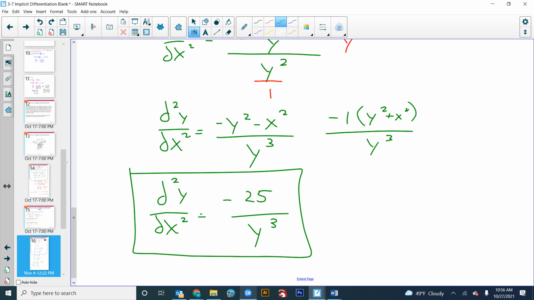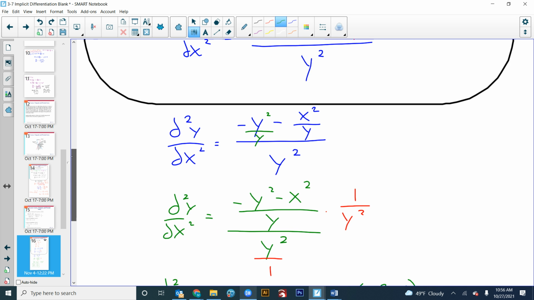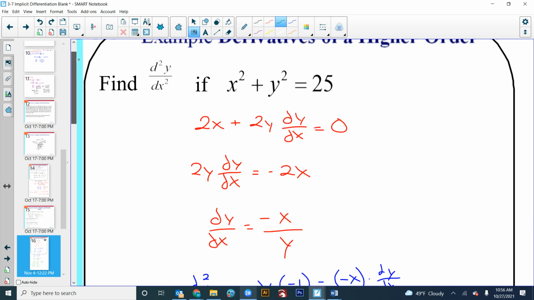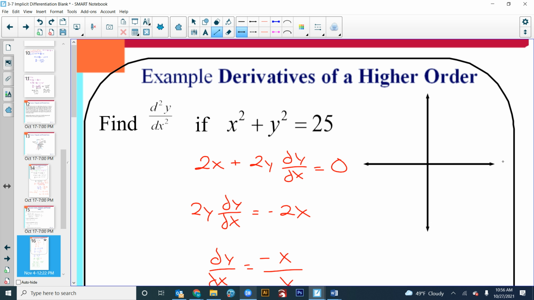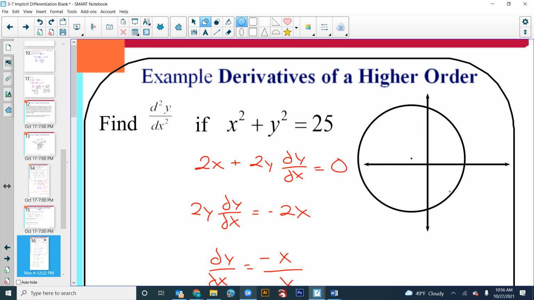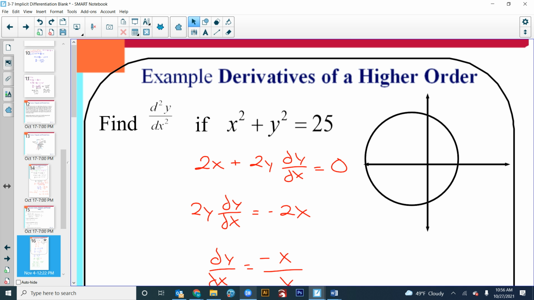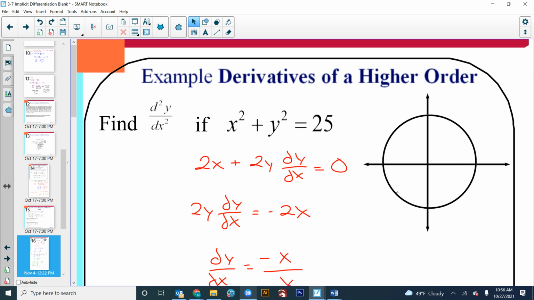So, did you recognize this thing? This is our good old friend. Who'd we start off with? Yes. A circle centered at the origin with a radius of 5. And here's what's crazy about this.